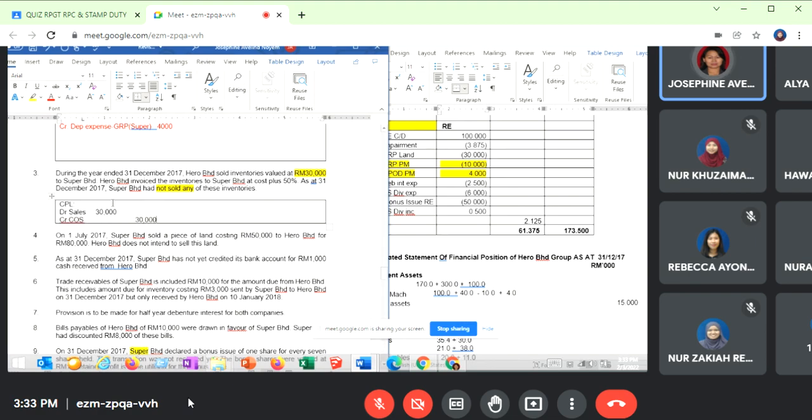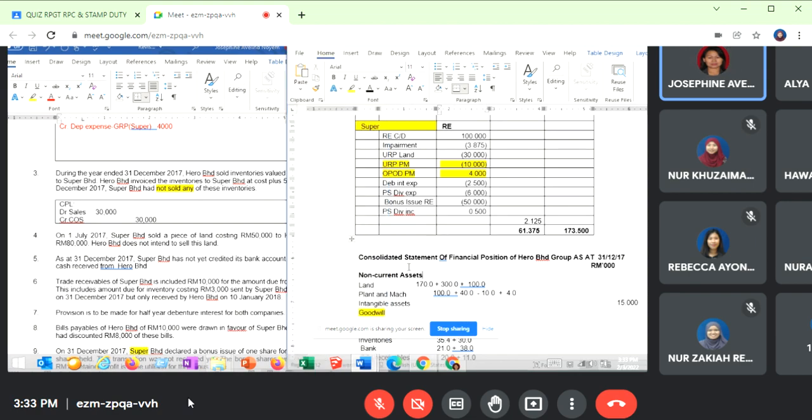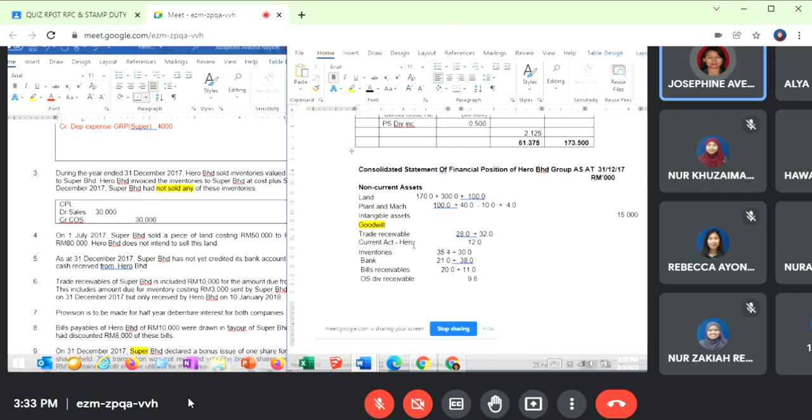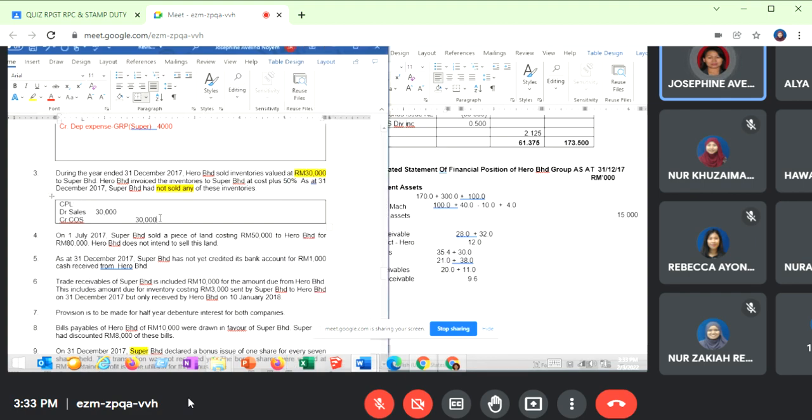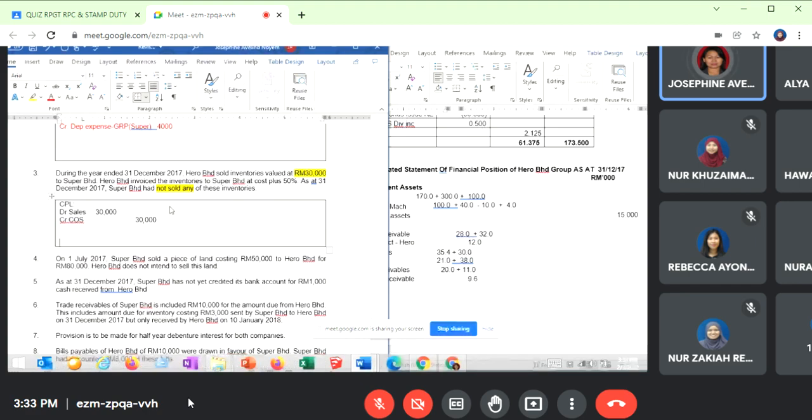This is if you are doing question number 1 and question number 2 CPL. But for the statement of financial position, there's no sales and purchases. So we ignore this transaction when it comes to the statement of financial position. What we need will be the unrealized profit.